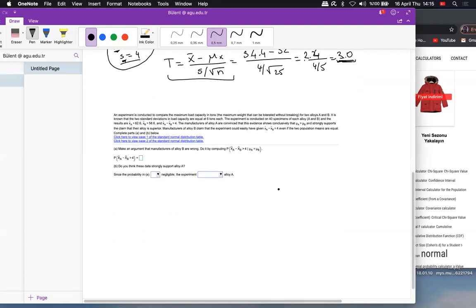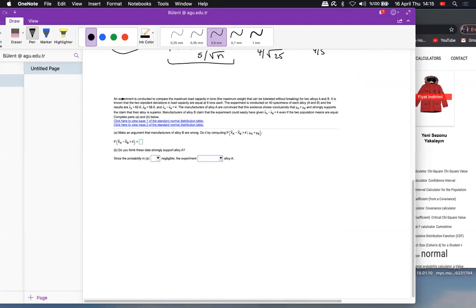Okay? So the last question is, an experiment is conducted to compare maximum load capacity in tons for 2 alloys, A and B. It is known that the 2 standard deviations in load capacity are equal to 6 tons. So I write it here, sigma A is equal to sigma B is equal to 6 tons, okay? The experiment is conducted on 40 specimens. That means I have n equals 40 for each alloy.